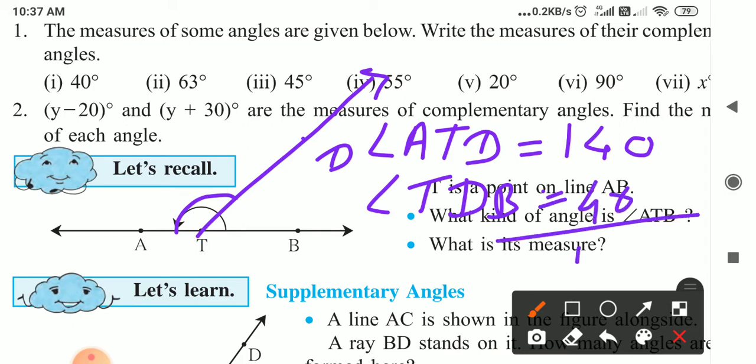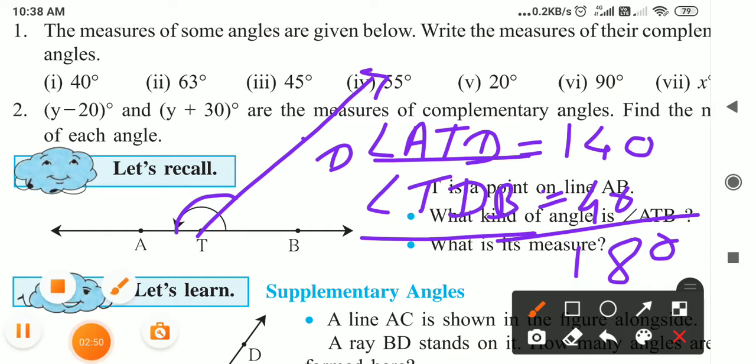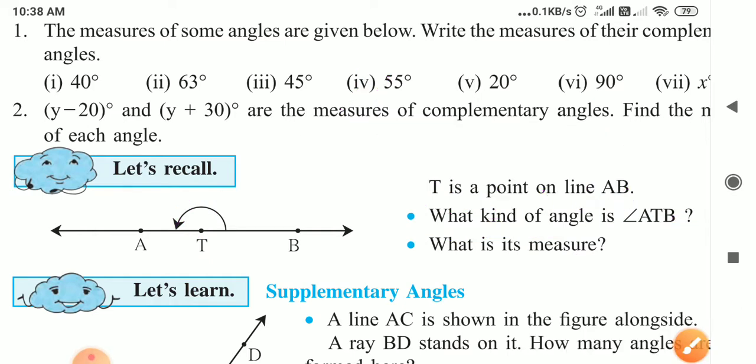Its sum is 180 degrees, and that is why angle ATD and angle TDB are supplementary angles. Clear? If the sum of measures of two angles is 180 degrees, then these angles are called supplementary angles.